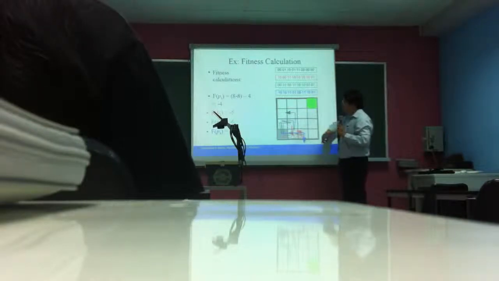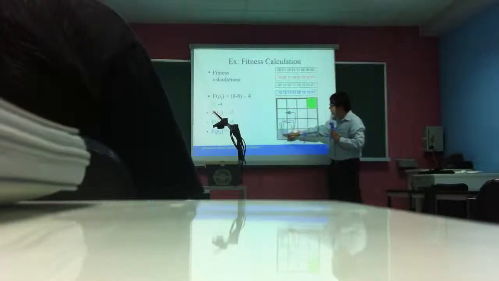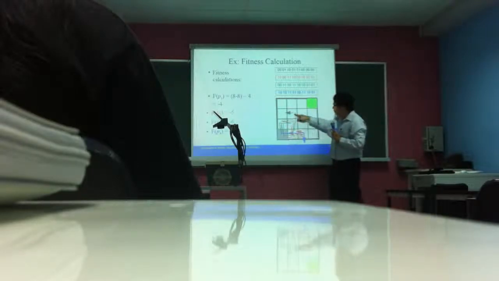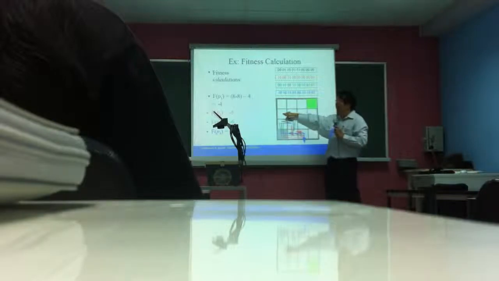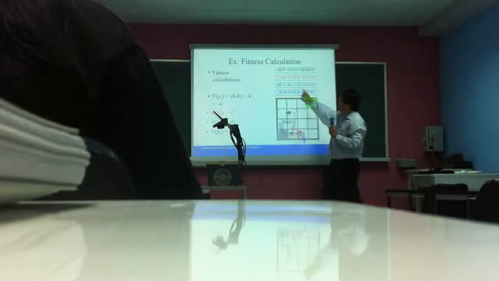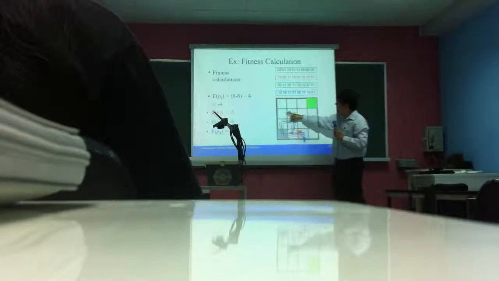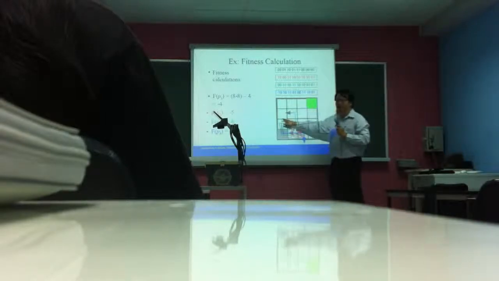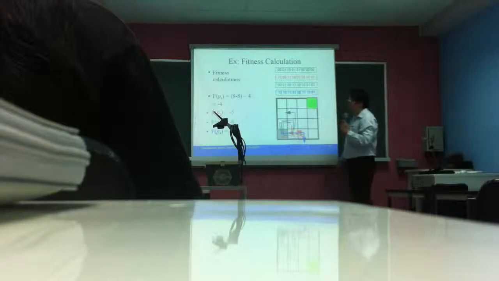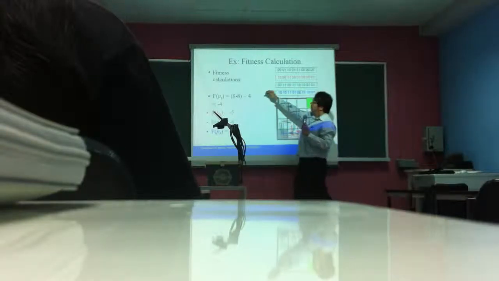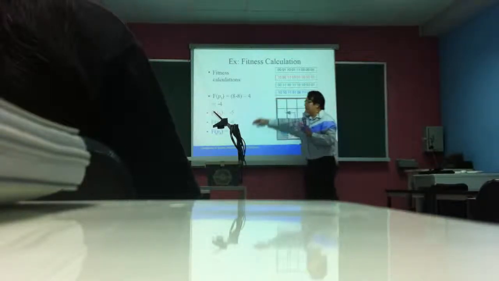For each one, sometimes some populations move up, go down, move back and here. So finally, for the first population, the distance from green to here is 4: 1, 2, 3. So we can calculate this for the population.